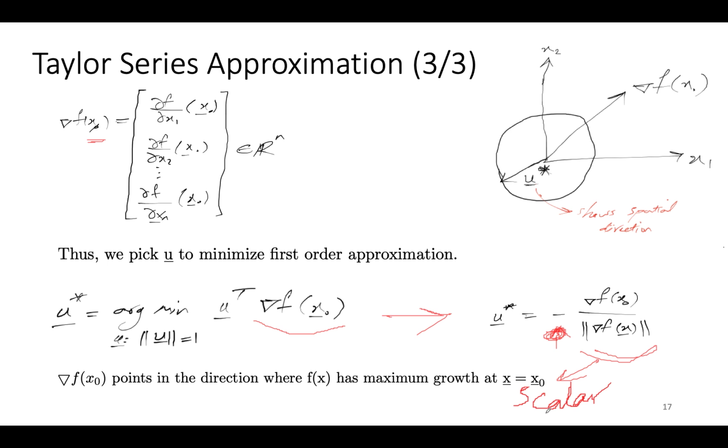All right. So the gradient of f of x0 points in the right direction by applying that minus, right? Where f of x has maximum growth at the point of x0. Does that make sense?